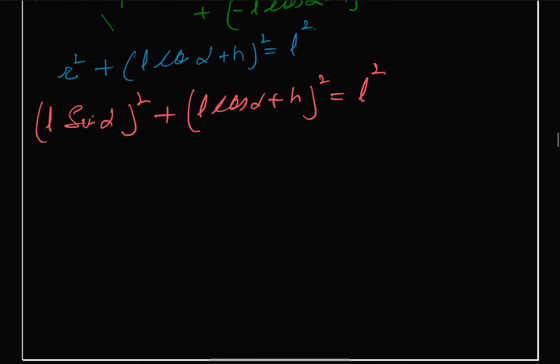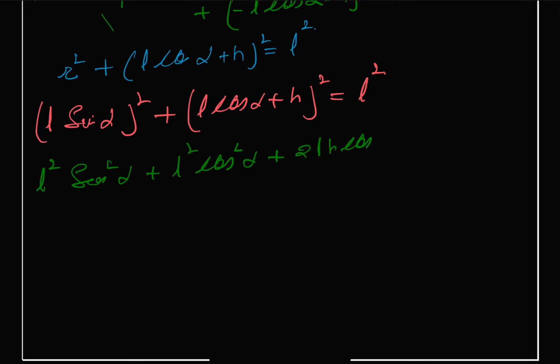Now if you open it, we are going to get L square sine square alpha plus L square cos square alpha plus 2LH cos of alpha plus h square is equal to L square.